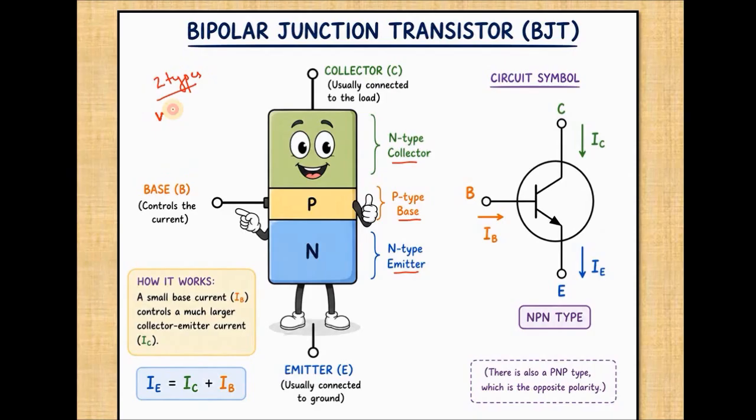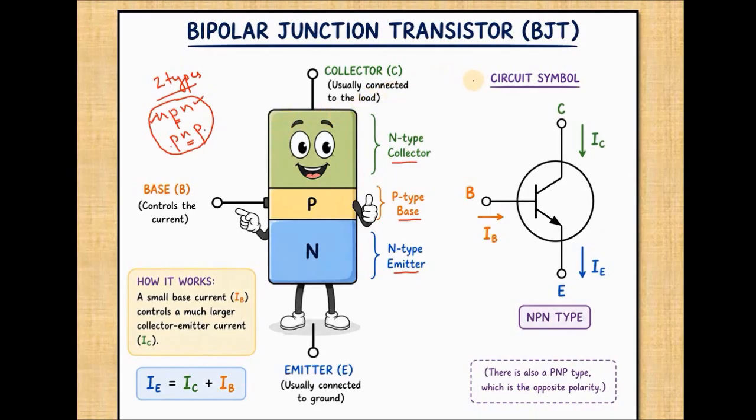The first one is called NPN, which means a P region base is sandwiched between 2 N regions. Similarly, the second flavor is called PNP. In this case, the base is of N type and the emitter and collector are of P type. So normally either NPN or PNP type BJTs are used.